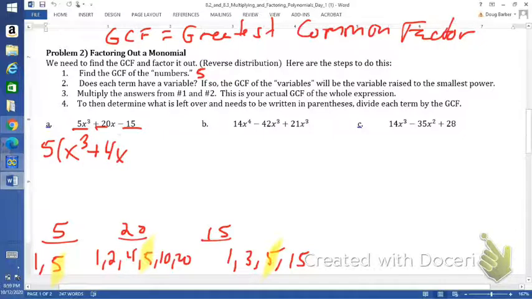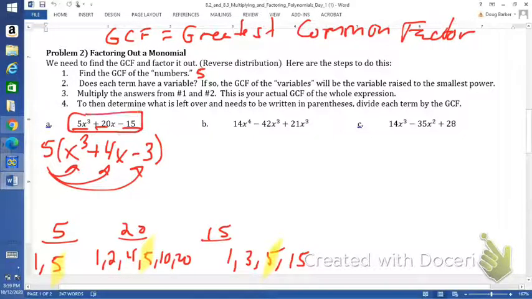And then negative 15 divided by 5 is a negative 3. Alright, and if I were to distribute this, that's why we call it reverse distribution. If I distribute this, I would get this expression back.